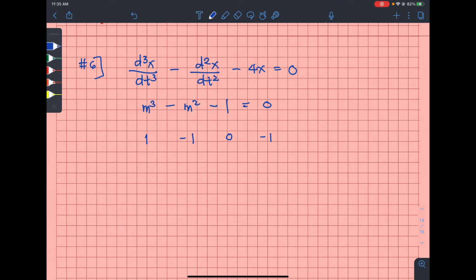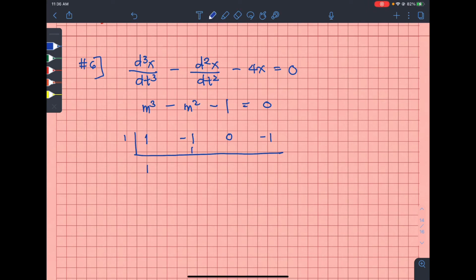Since manghuhula lang ako, I do not know kung ano yung mga roots. Usually, nag-start ako sa positive 1, and then nag-i-increase na lang ako. And bring down 1. 1 times 1 is positive 1, sorry.